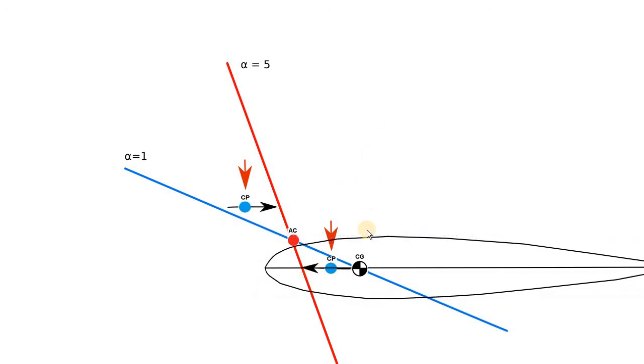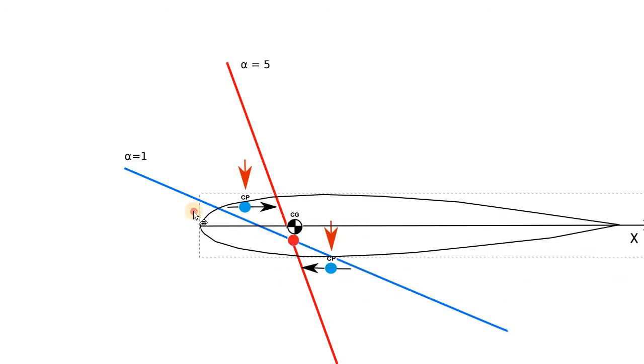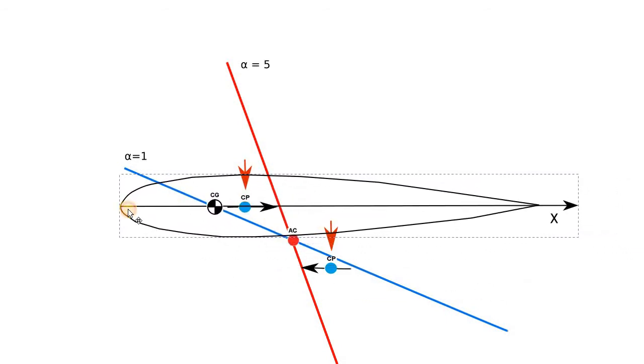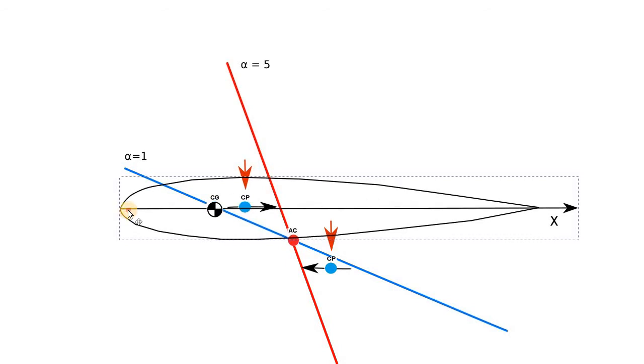When we move from a small angle of attack to a high angle of attack, the center of pressure moves to the nose. And note that the center of gravity stays the same all this time. Because of this, there's a different moment acting on this airfoil. In one case, like in this case, we have the negative effect, so the airfoil becomes unstable. And in this case, when the center of pressure moves to the tail, we have the stable configuration.